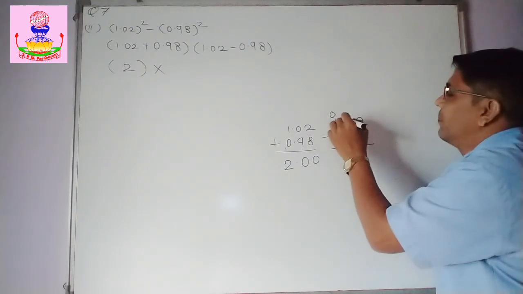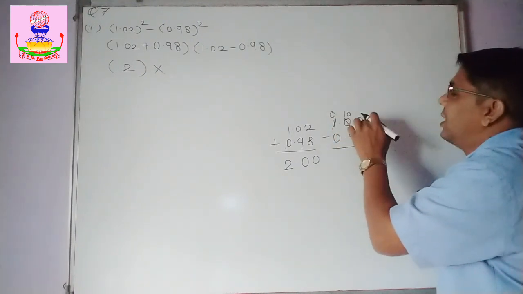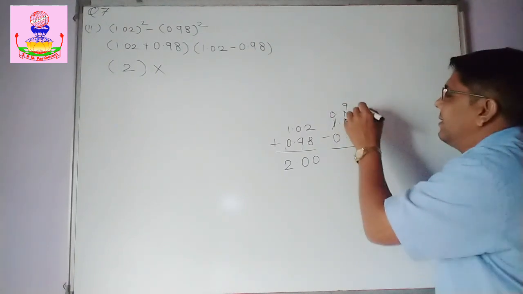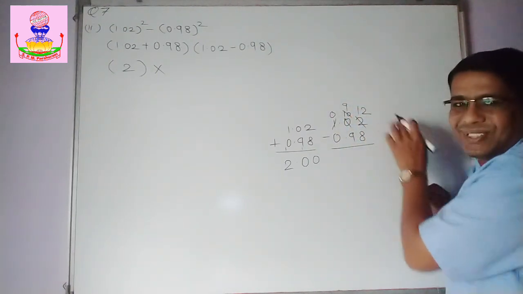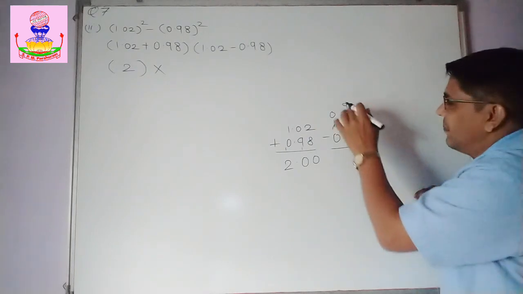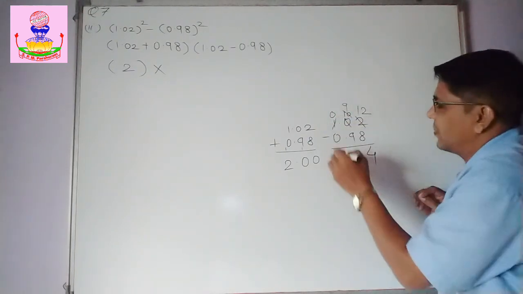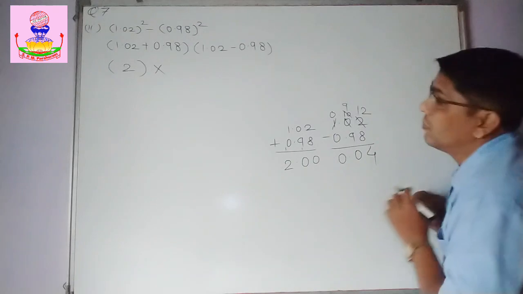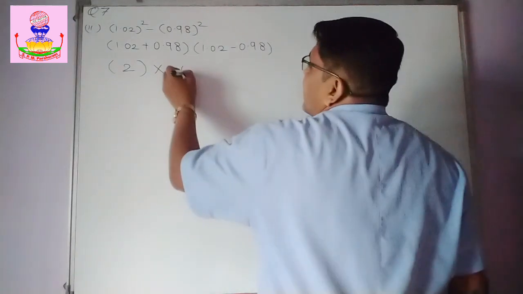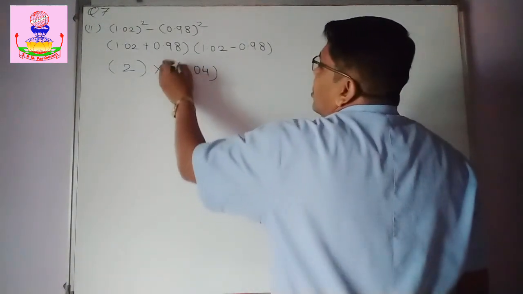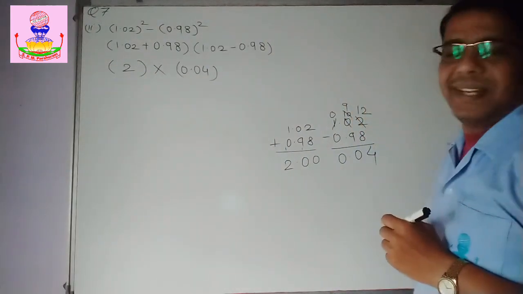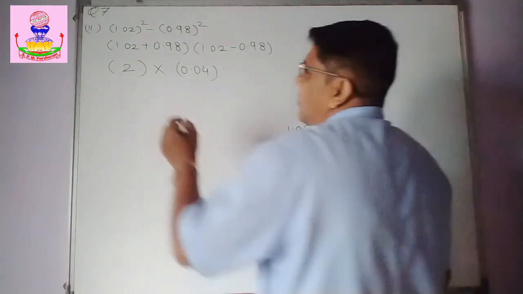This becomes 0, this becomes 10, but it gives a carry to this side. So it becomes 9, and this becomes 12. So 12 minus 8, 4. 9 minus 9, 0. And 0 minus 0, 0. So it is 0.04.